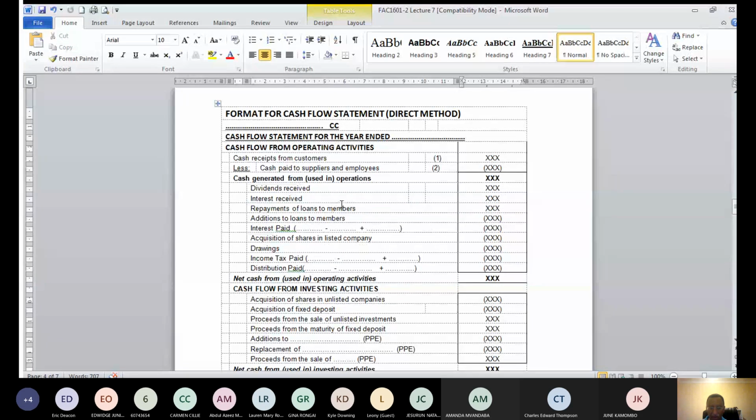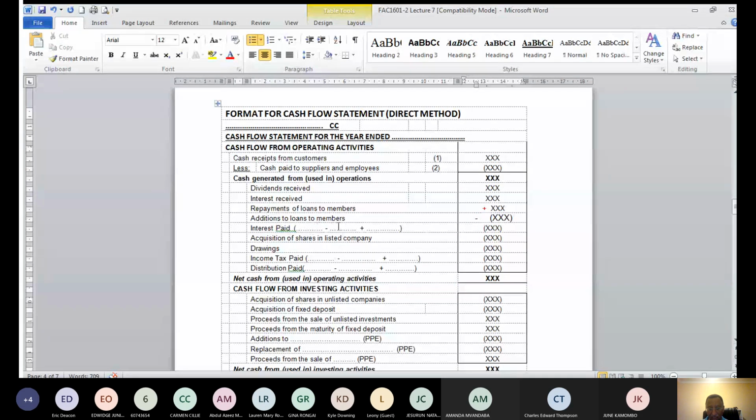If the members has repaid the loan, it's a plus, of course, then your cash will increase. But if we've got additions now, they came to us and asked for a further loan, it will decrease our cash resources because that will be an outflow of the cash. So that will be a minus.